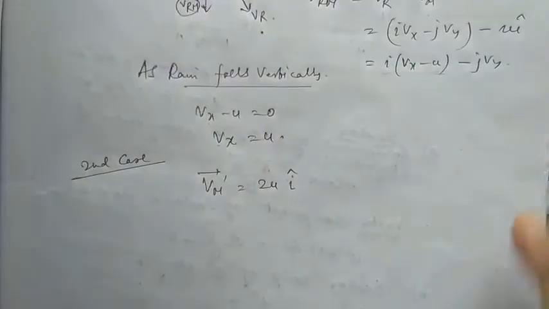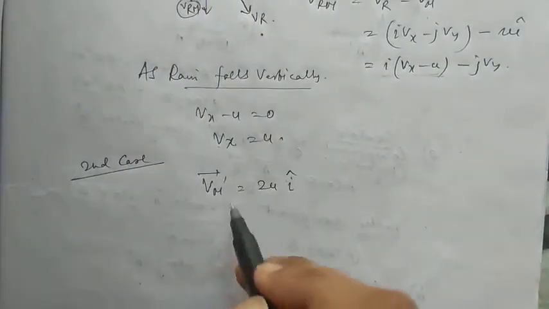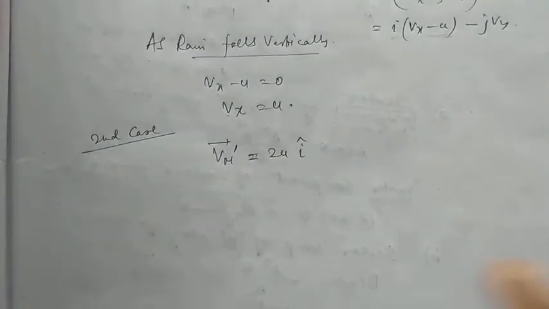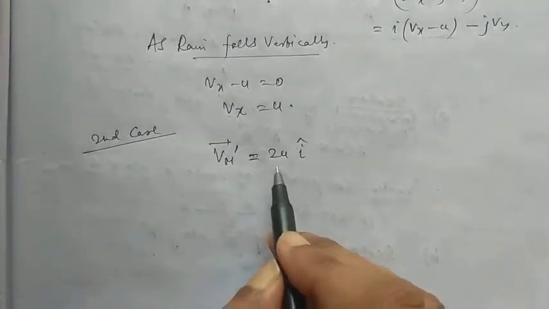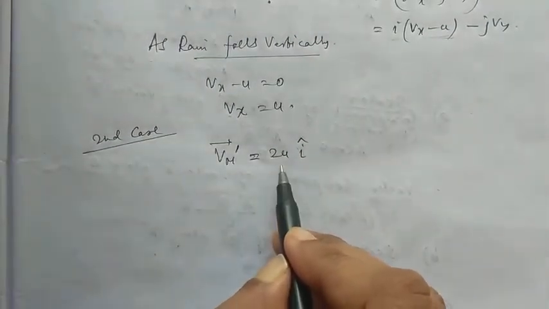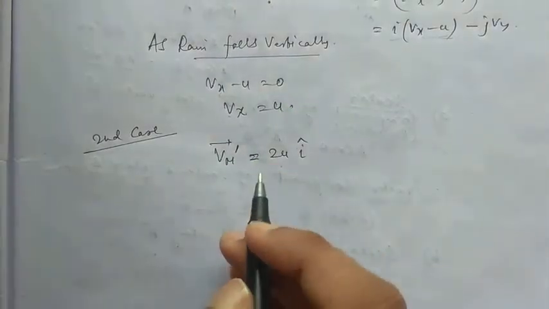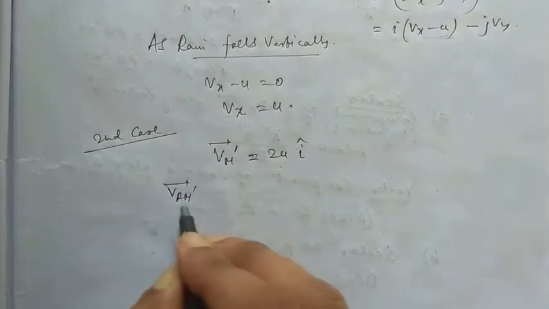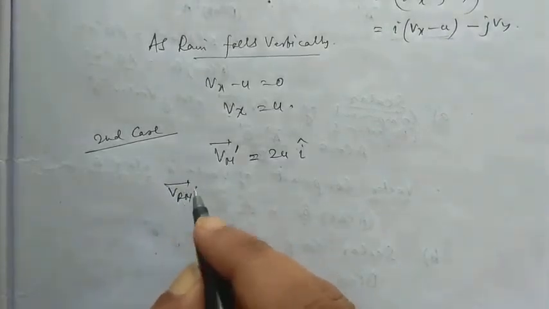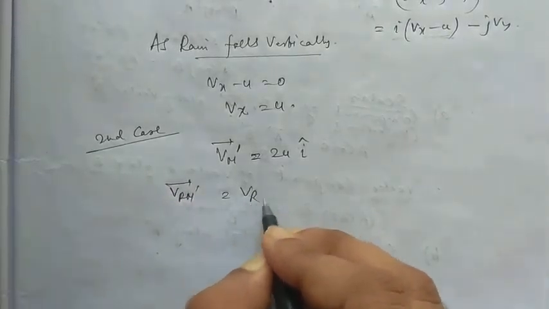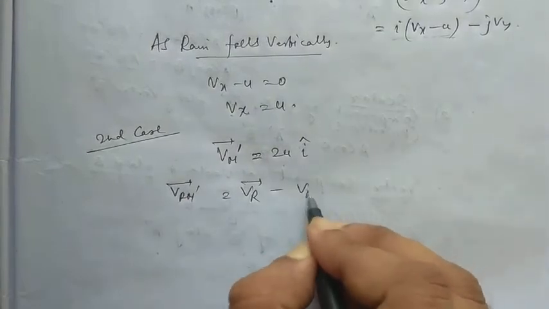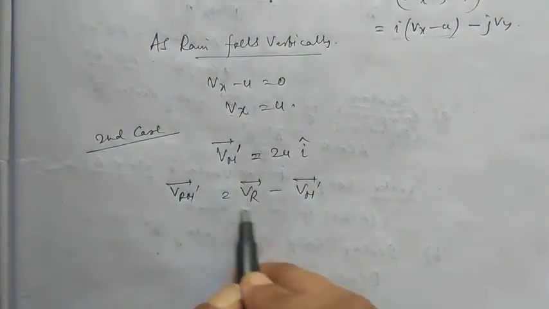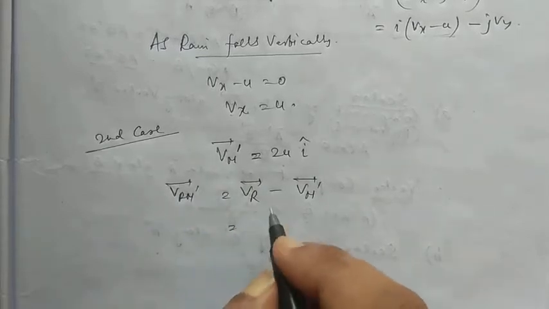Now we take the new velocity of the man as Vm dash is equal to 2u i, as his speed is twice that of the first part. Now Vrm dash, so the Vrm also gets changed. Vr minus Vm dash.